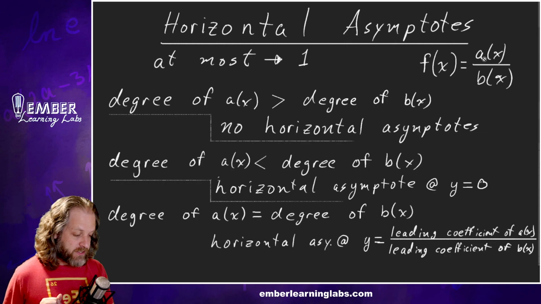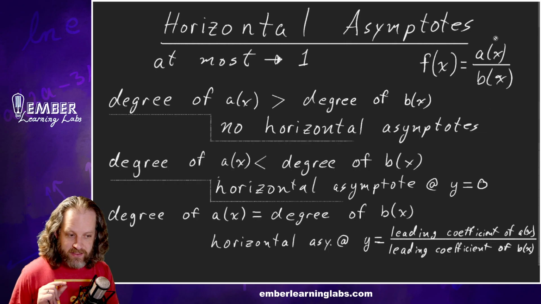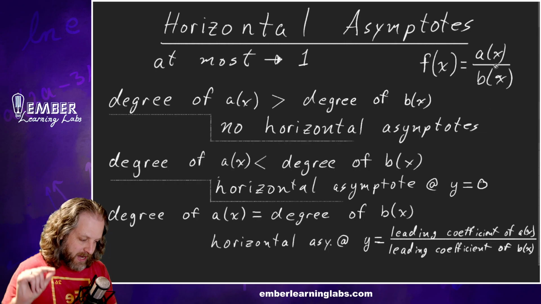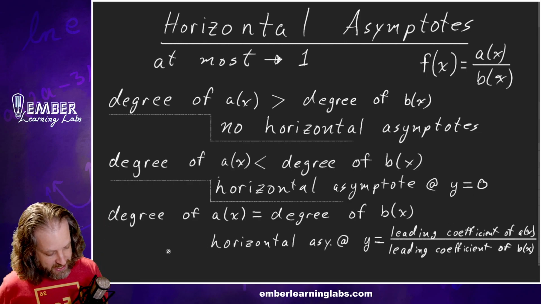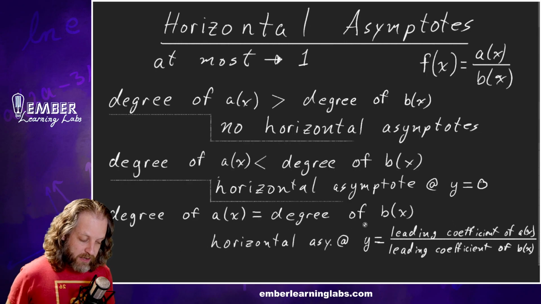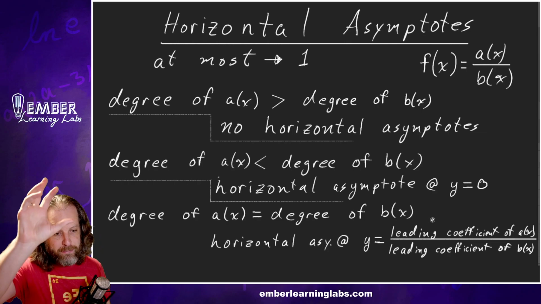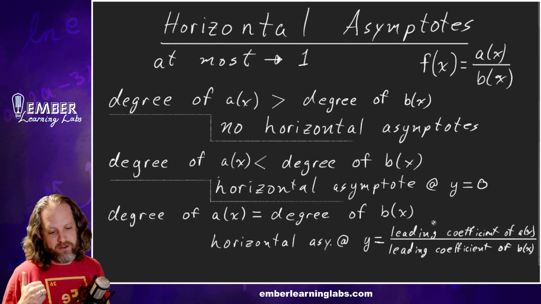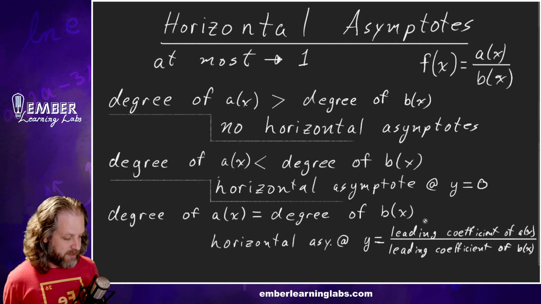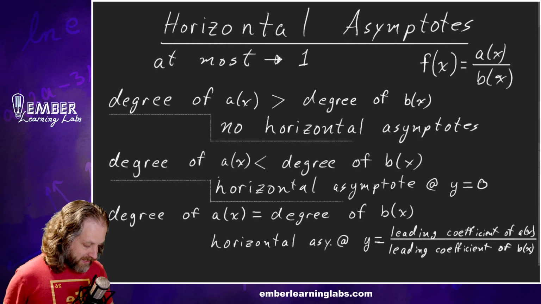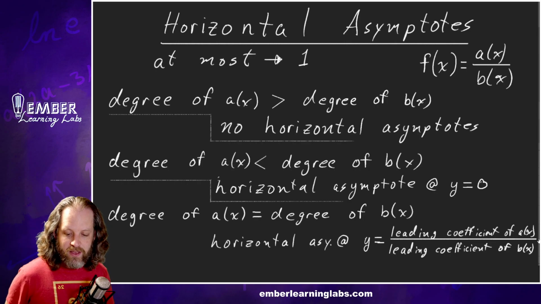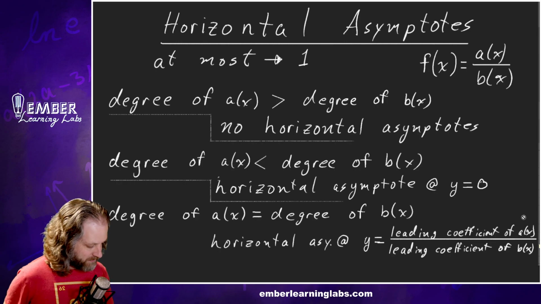Now, if the degrees are the same, then it has a horizontal asymptote at y equals the top leading coefficient over the bottom leading coefficient. So they can be fractions and all that kind of stuff. So let's jump in with an example, and then we'll learn more things.